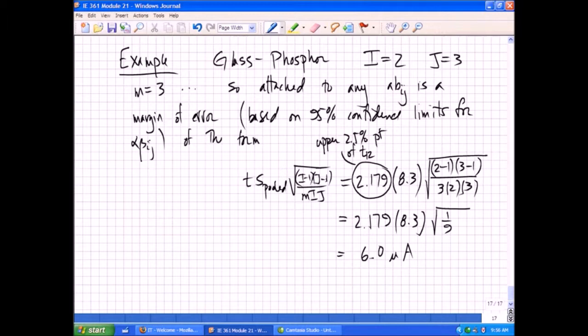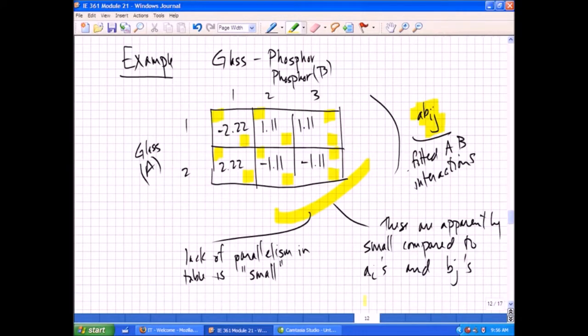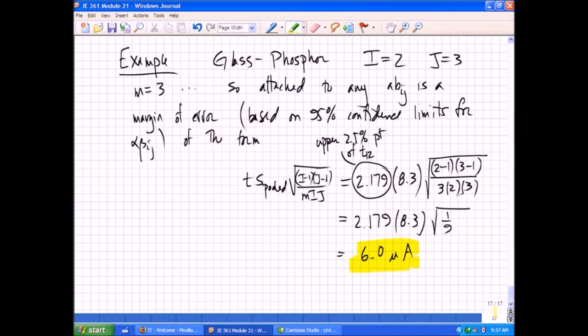And the point here is that if I take this margin of error and I apply it back to these numbers, the minus 2.22, the 1.11, and so on, margins of error of 6 for numbers that are no bigger in magnitude than 2.22 indicate that that lack of parallelism is really down in the noise range.